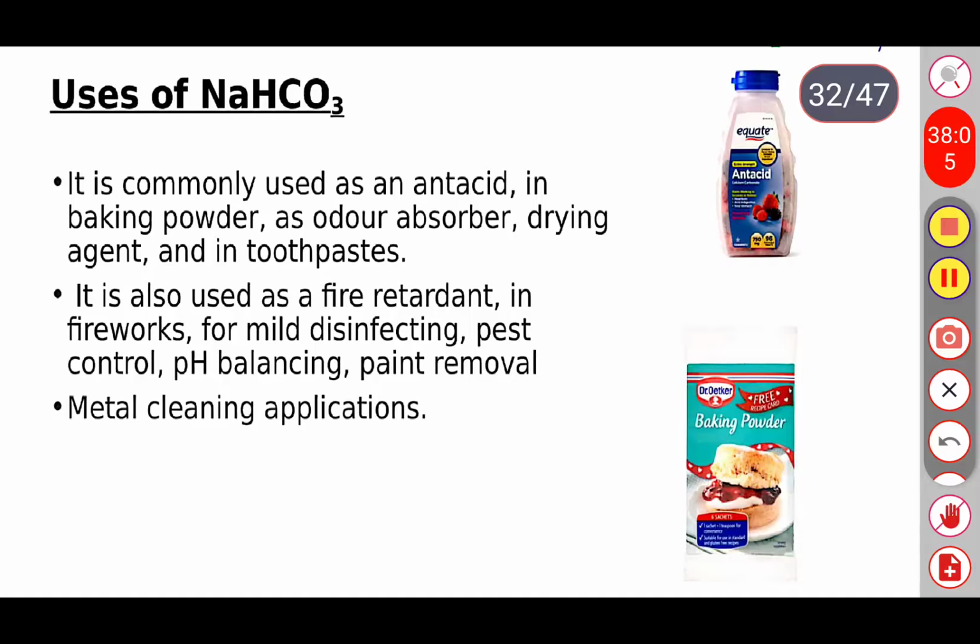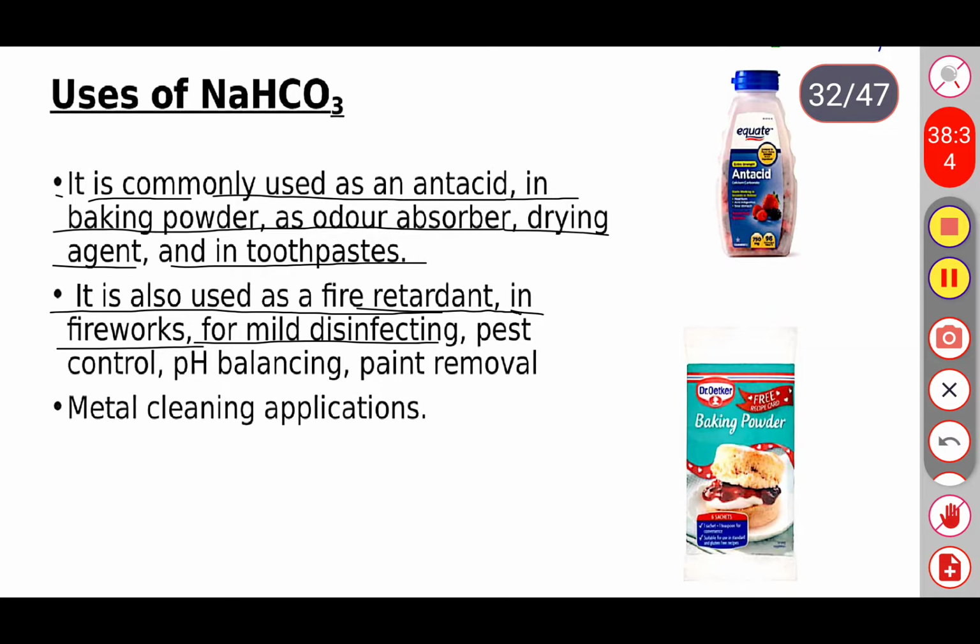It is commonly used as an antacid, in baking powder, as an odor absorber and drying agent, and in toothpaste also we are using sodium bicarbonate. It is also used as a fire retardant in fireworks and for mild disinfecting, pest control, pH balancing and paint removal.